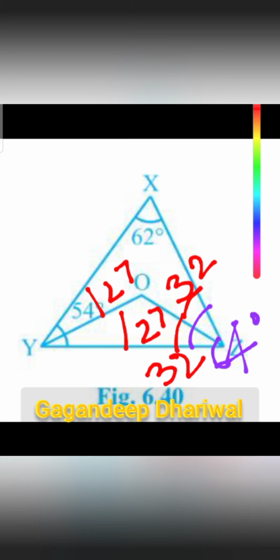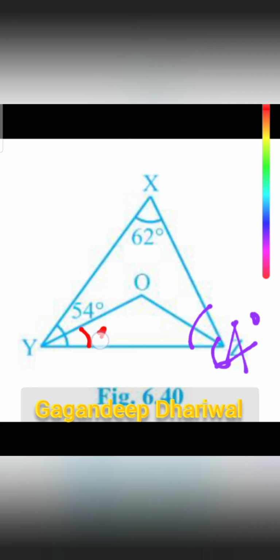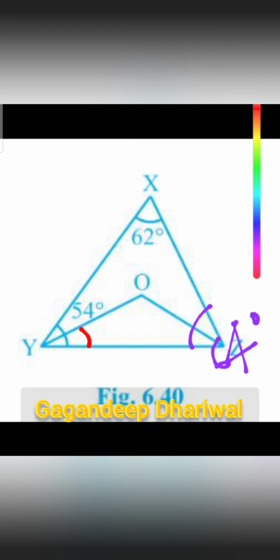Now we have this 27, this 32, and we have to find this angle. This is your 27, this is your 27 and this is your 32. For finding this one you have to make a sum of these two and subtract that from 180, as according to the theorem the sum of the three angles of a triangle is equal to 180 degrees.